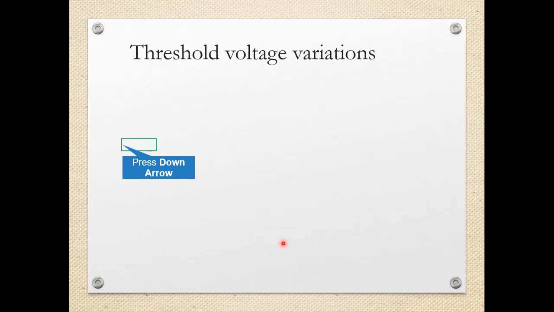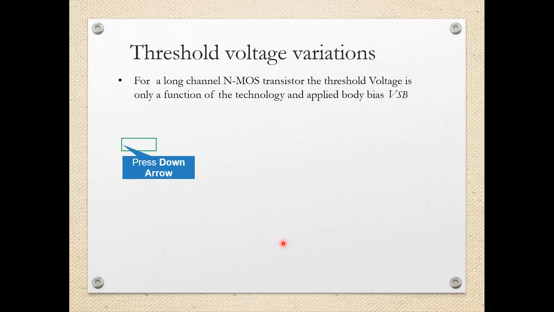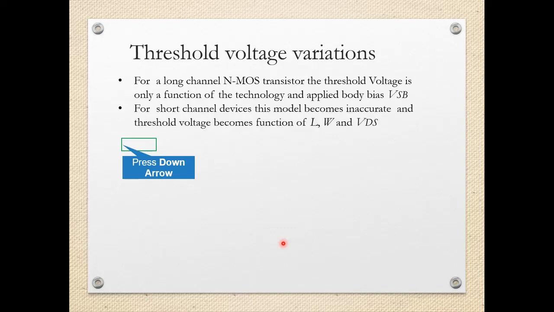We'll learn about threshold voltage variation. Threshold voltage means the VT value. For the long channel NMOS transistor, the threshold voltage is only a function of technology and the applied body bias, that is VSB, the voltage between source and body. For short channel devices, this model becomes inaccurate and the threshold voltage becomes a function of L, W and VDS.